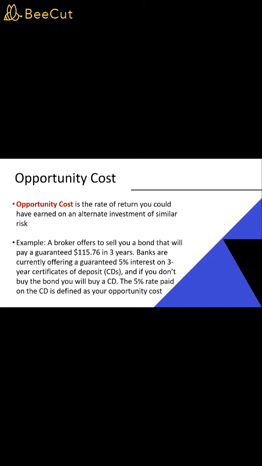And you decide to buy the bond instead of the CD, the certificate of deposit. Your opportunity cost is going to be the certificate of deposit. You could have invested your money in the certificate of deposit, which had similar risk and return, but you chose to go for the bond. So the certificate of deposit will be the opportunity cost of your investment.